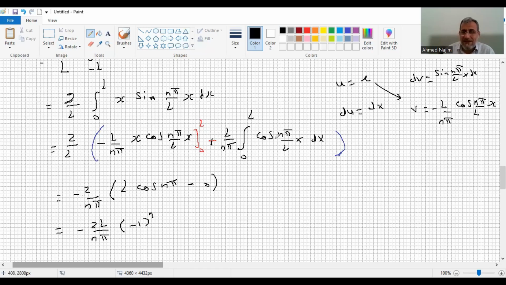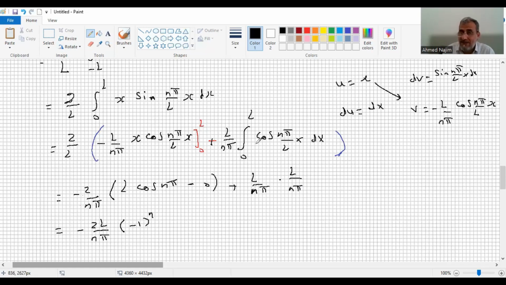Then plus the integral of this one. The integral of cosine is sine. I have to multiply by L over n pi outside, because inside we have n pi over L. So the integral of cosine, you need to multiply by L over n pi.